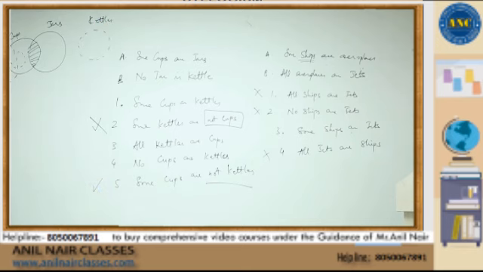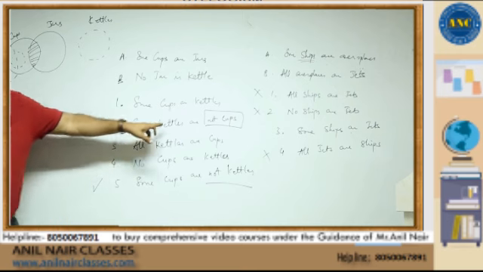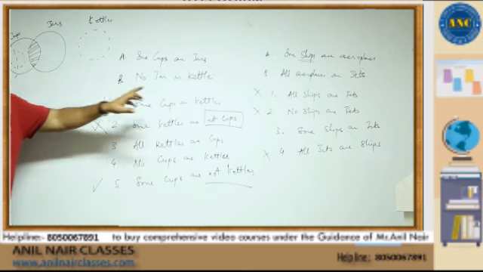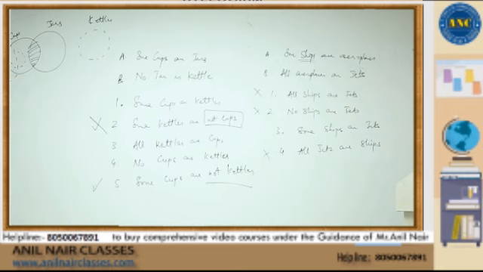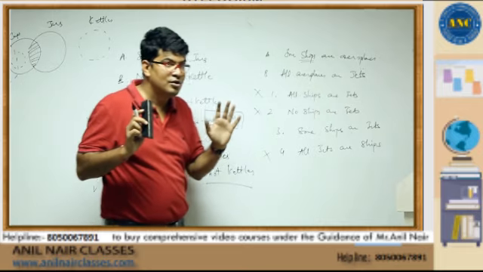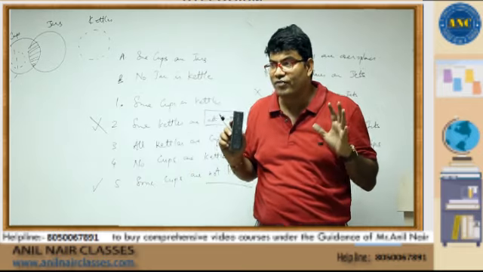Now, let's see, some kettles are not cups may be true. In this case, some kettles are not cups is right, but in this other case, it is not. Do you understand? But don't draw so many diagrams and get confused and tense. Set the logic in your mind. Guys, am I making sense now? So why did I say no need of any Venn diagrams?